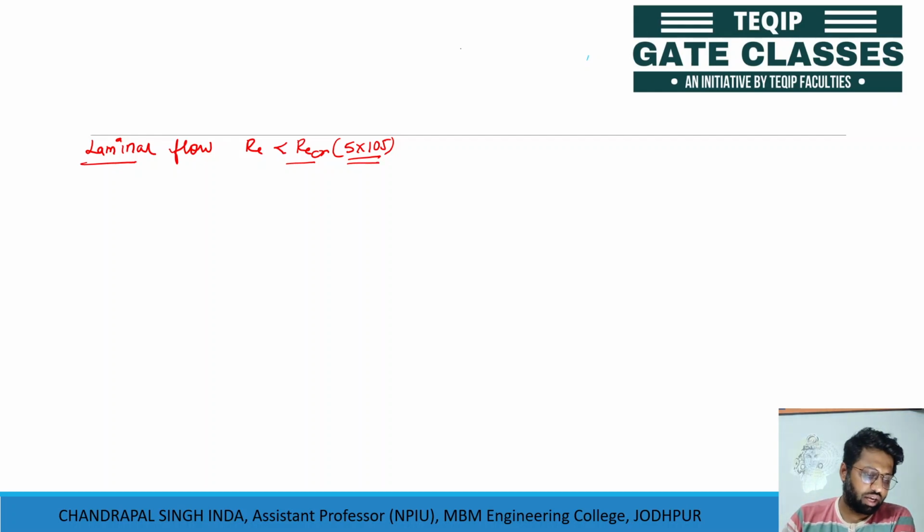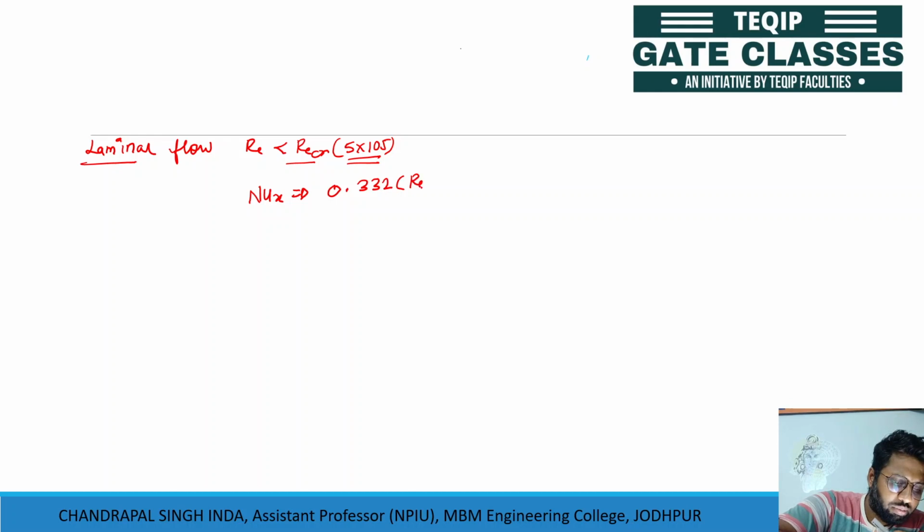Then we had the empirical relationship that the local Nusselt number is equal to 0.332 times local Reynolds number power 1 by 2 and Prandtl power 1 by 3.